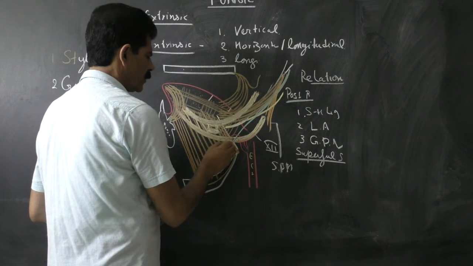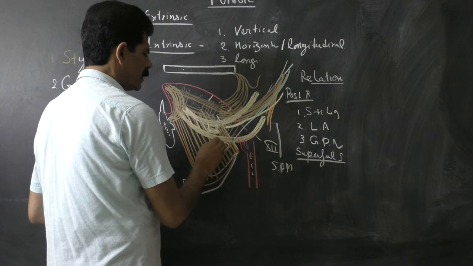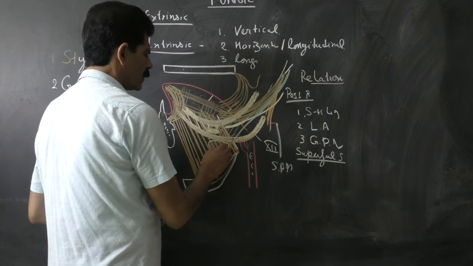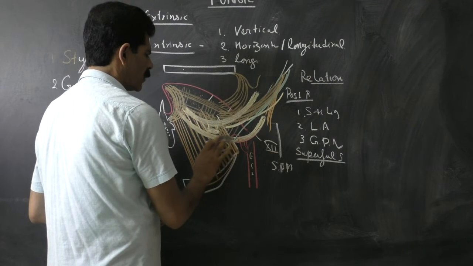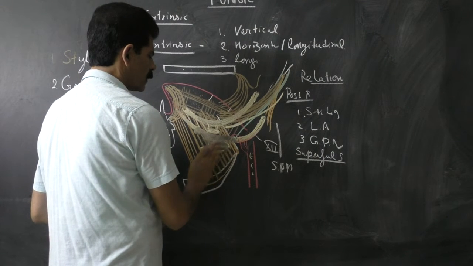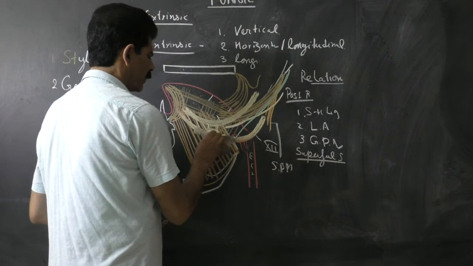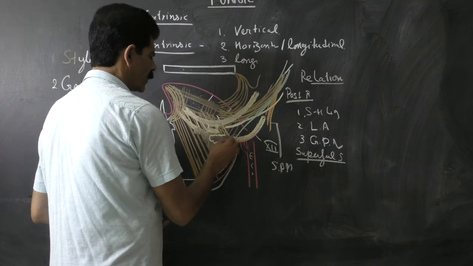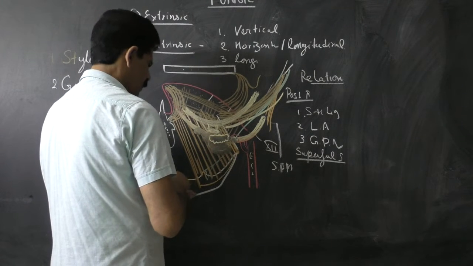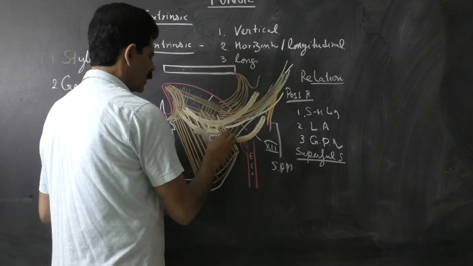And just deep to it, just below it, there lies the deep part of the submandibular gland. The deep part of the submandibular gland is just below the submandibular parasympathetic ganglion.